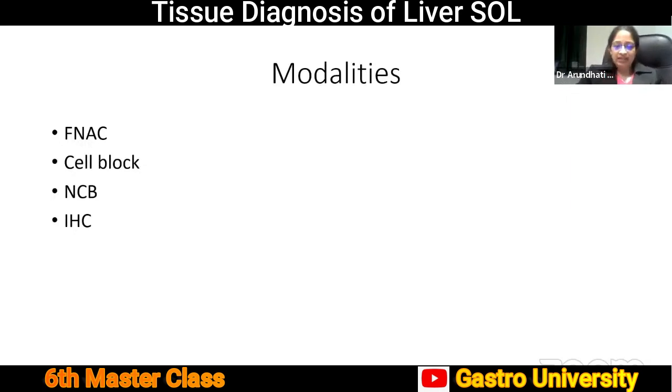So the modalities that are used for pathologic diagnosis are FNACs with or without cell blocks, core needle biopsies, and other ancillary studies like some special stains and immunohistochemistry.